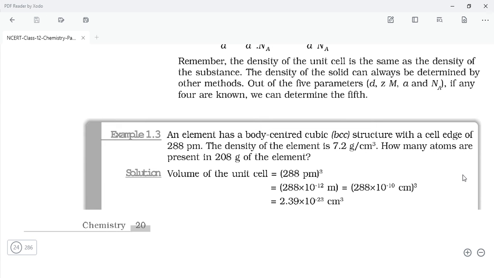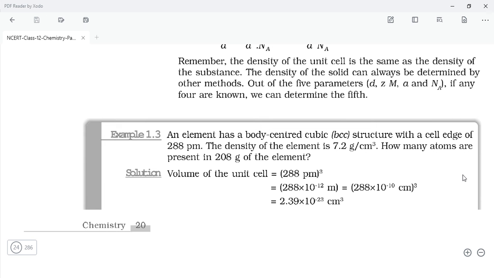So density of the solid can also be determined by other methods. Out of five parameters Z, d, M, a, and Na, if any four are known, we can determine the fifth. And then you have some questions.